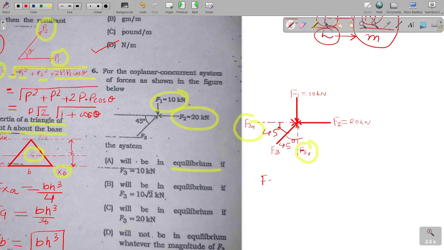So F3 horizontal will be F3 cos 45. It will be F3 by root 2. And F3 vertical will be F3 sine 45. It will again be F3 by root 2.